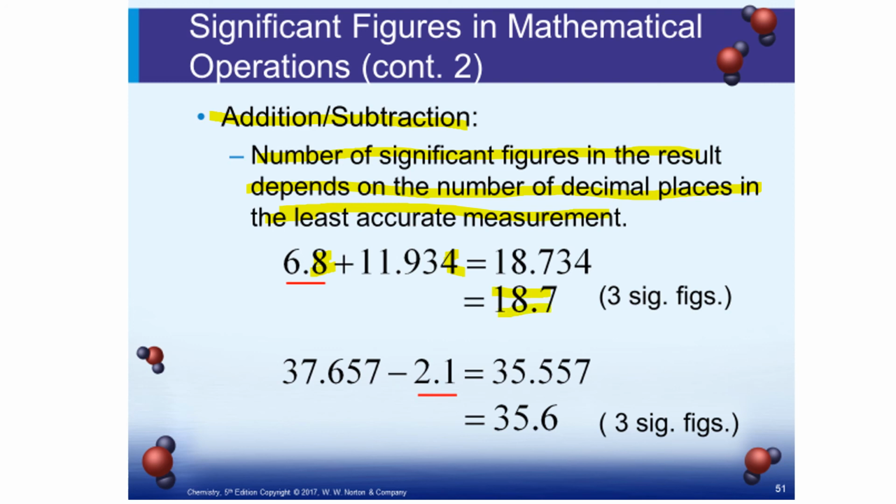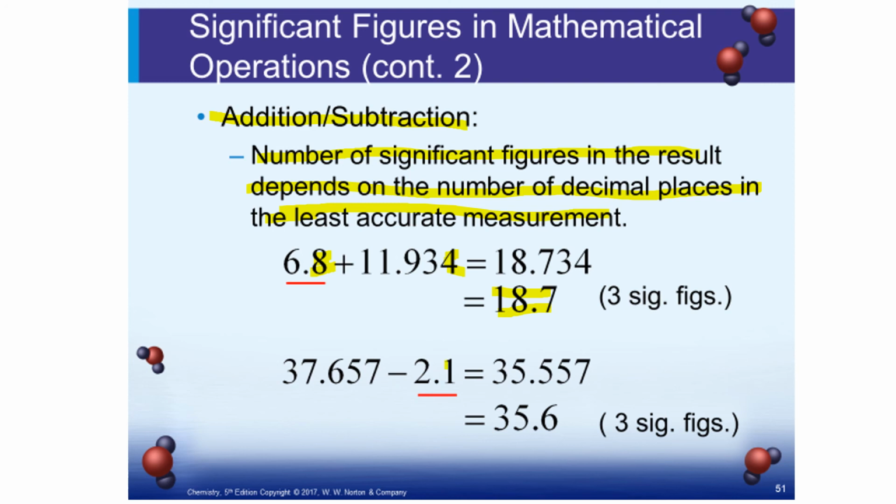Same thing for subtraction, 37.657 minus 2.1. Well, the 35.557, that is the mathematical answer, but that doesn't represent the physical reality very well. So here, I'm looking at my decimal places again, because that's how we work with addition and subtraction. The 37.657 is at the thousandths place.